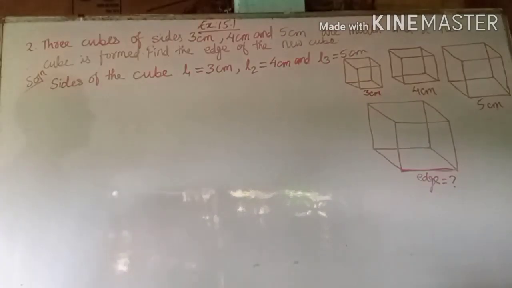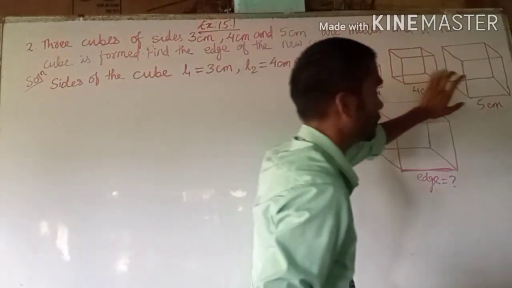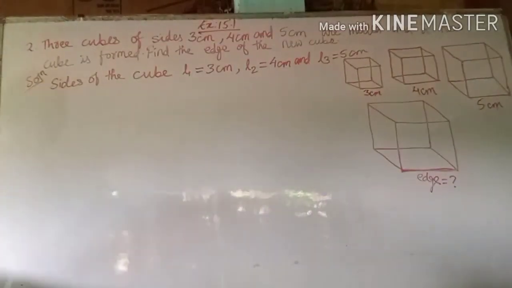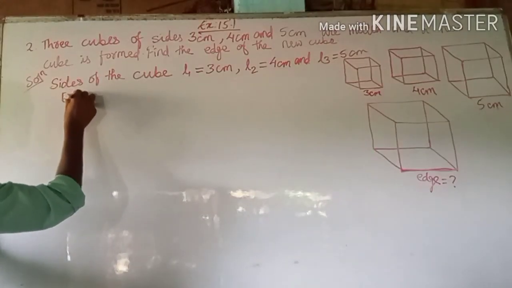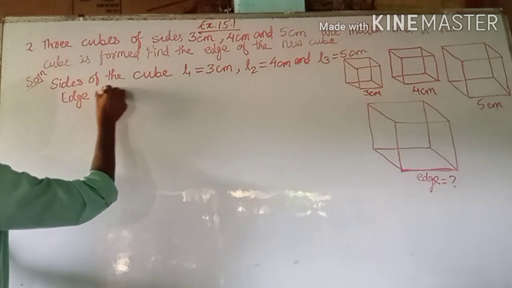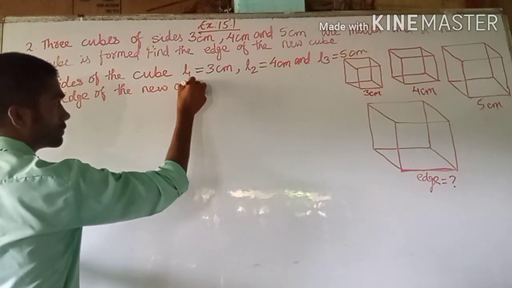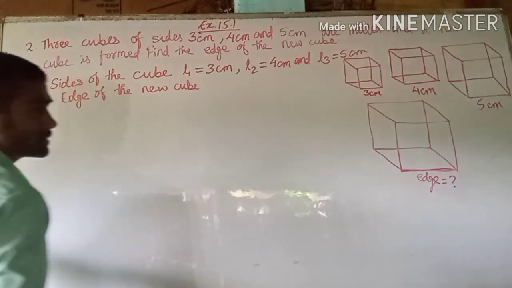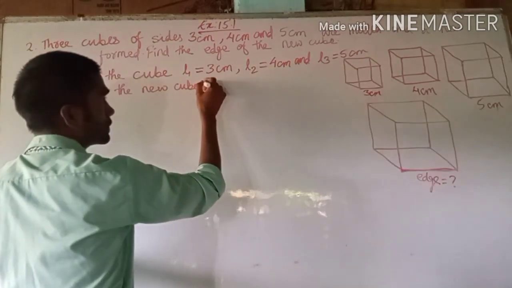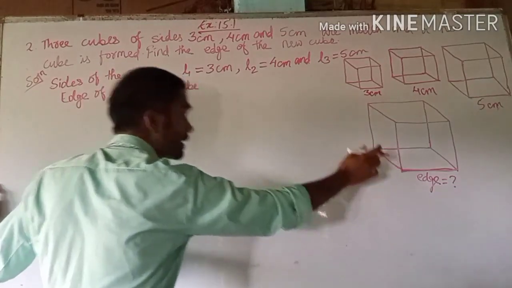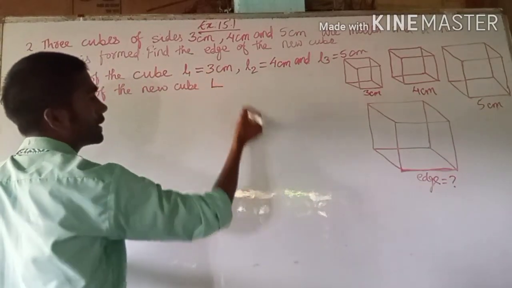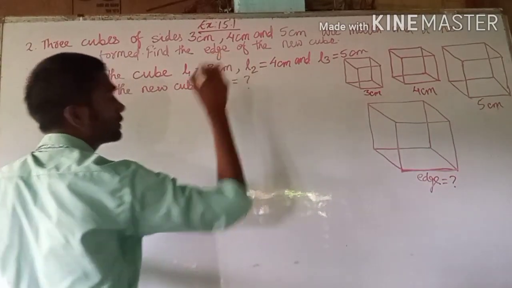Now we will find the volume of these 3 cubes. What we need to find is the edge of the new cube. The new cube that is obtained, we will take its edge as capital L, which is what we need to find.